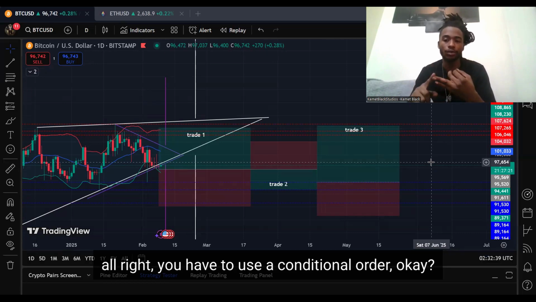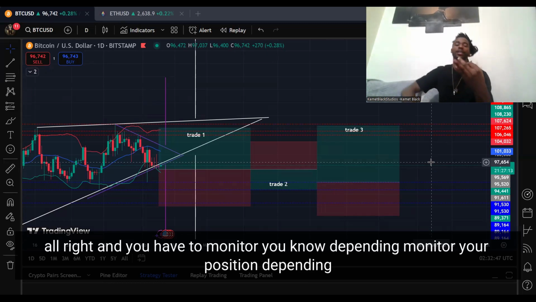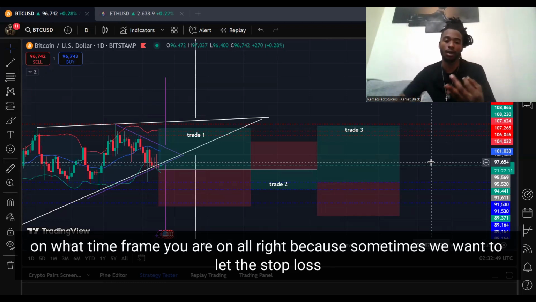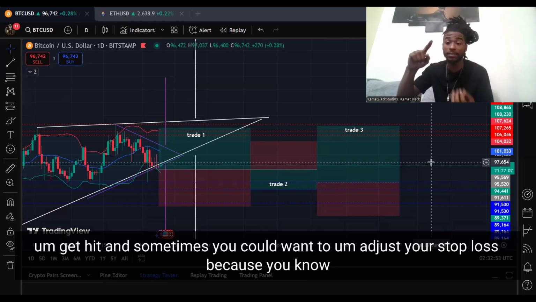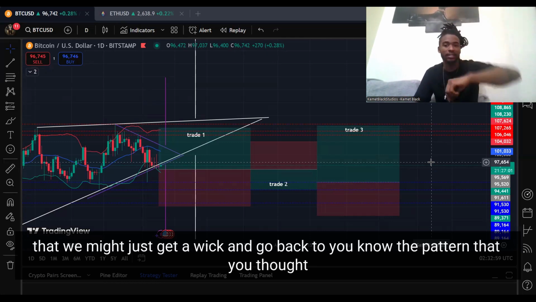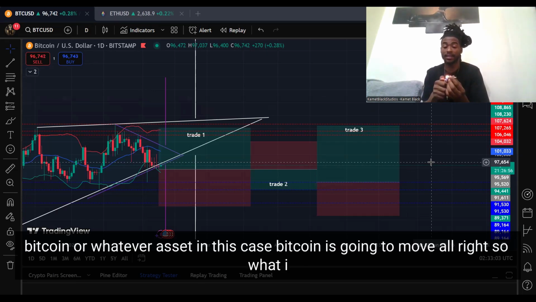You have to use a conditional order, and you have to monitor your position depending on what time frame you are on. Sometimes we want to let the stop loss get hit, and sometimes you may want to adjust your stop loss because we might just get a wick and go back to the pattern that you thought Bitcoin, or whatever asset, is going to move in.